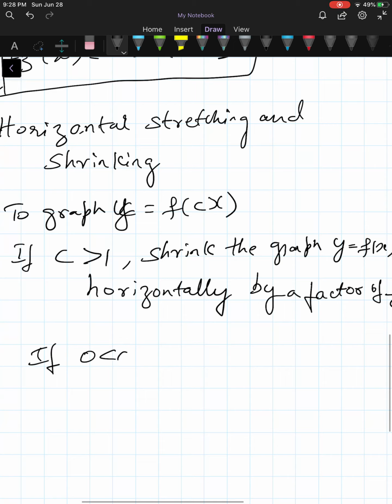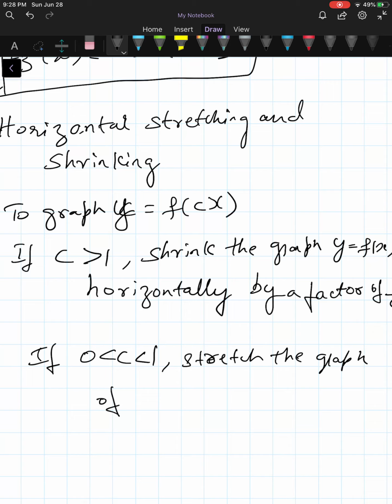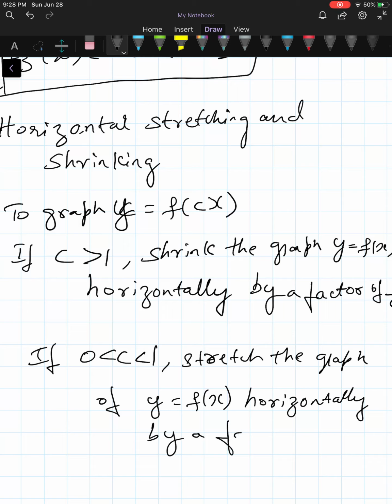Then if 0 is less than c is less than 1, stretch the graph of y is equal to f of x horizontally by a factor of 1 over c.